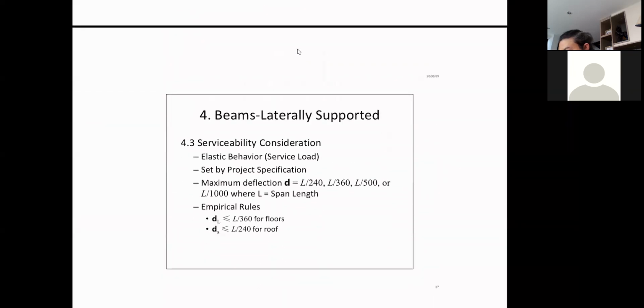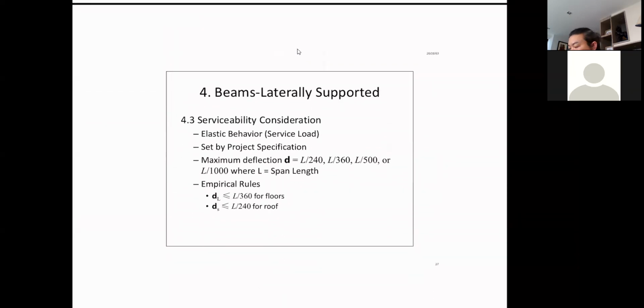Okay, now another issue. We generally have two things in terms of design. First, what we have done so far is core strength, right? And we must make sure that our member can withstand the bending moment caused by the load. Another issue that comes with it is what we call serviceability.